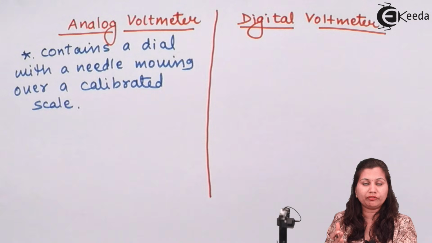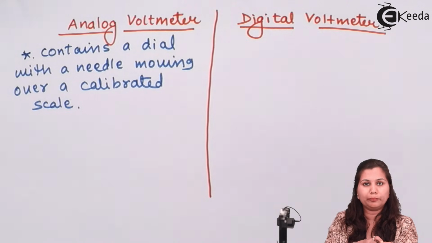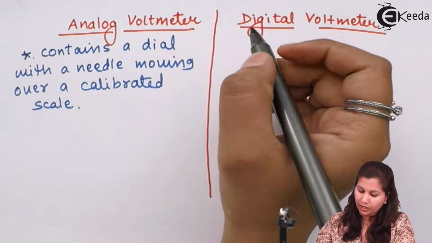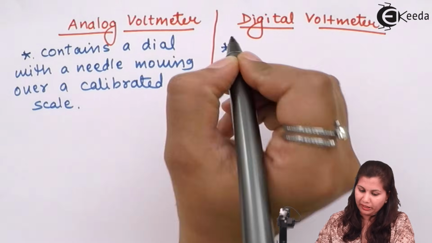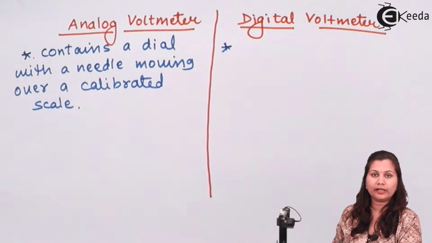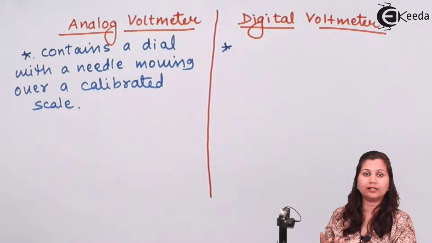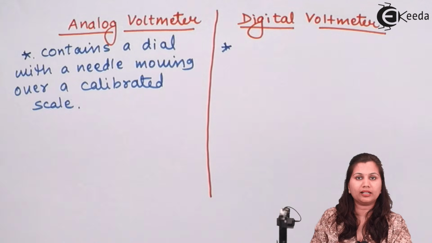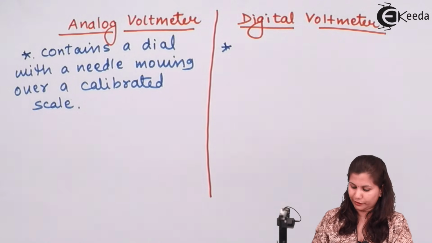So whatever the value of the voltage, the needle will be deflected in proportion to that. So we can say that the reading which we take from the analog voltmeter will be equal to the input voltage. Now the digital voltmeter provides us the direct reading. It gives us the direct discrete numerical value of the voltage.